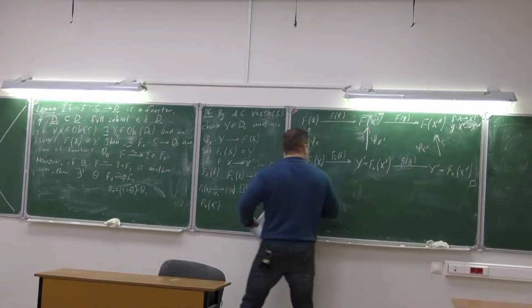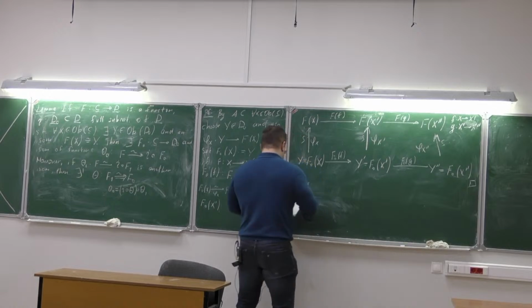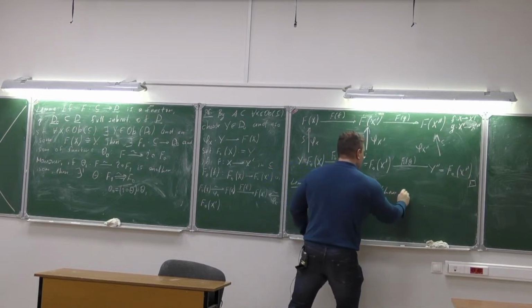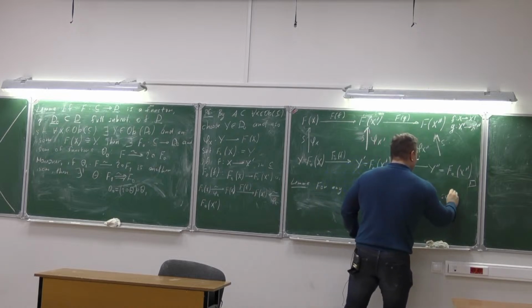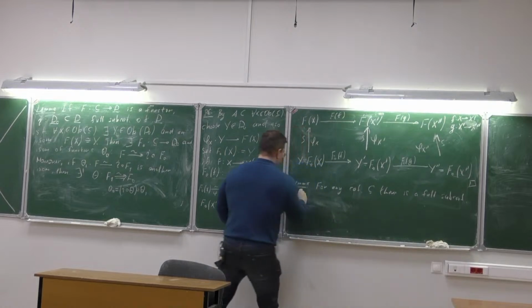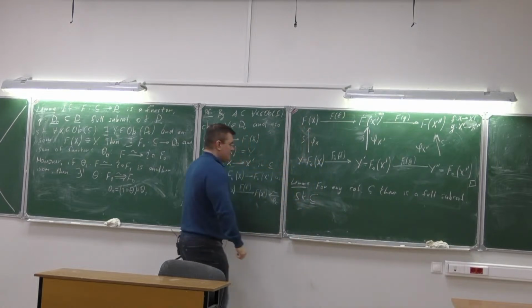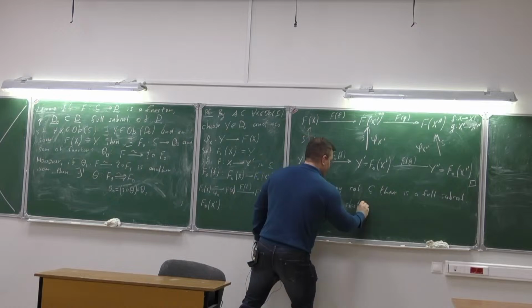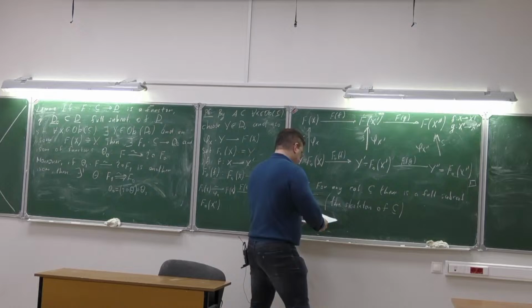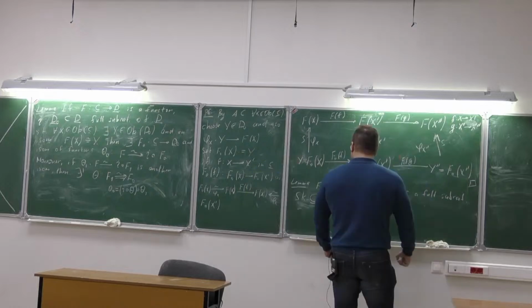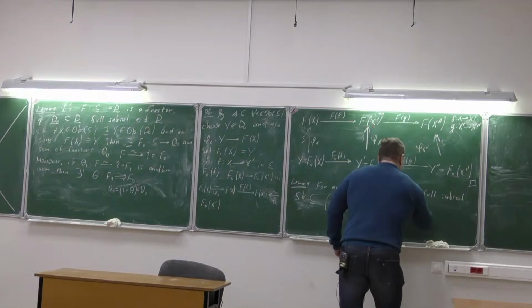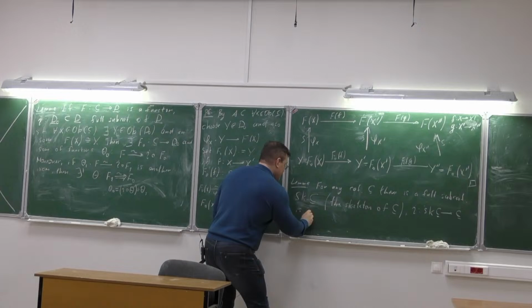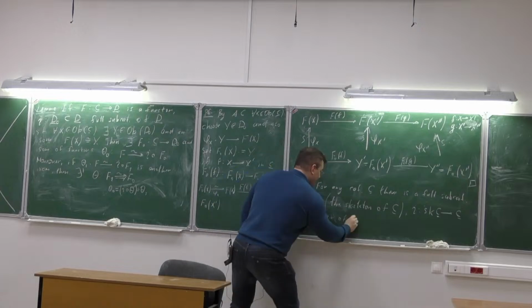So lemma: for any category C, there is a full subcategory which I'm going to denote as K of the C, and this is the skeleton of C. So there is a full subcategory skeleton of C. There is an embedding I from the skeleton of C to the C. So I is an equivalence of categories.